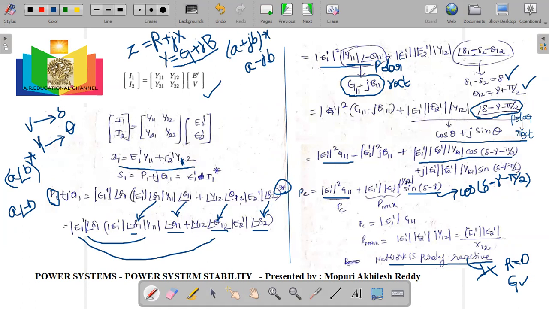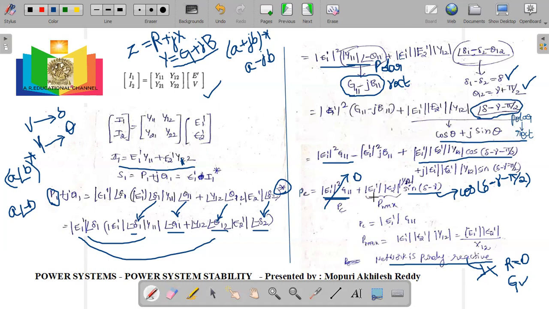So what will happen? In this total, this term will become 0, and only this term will be left. So PE is equal to E1 dash E2 dash Y12 sin(del minus gamma).